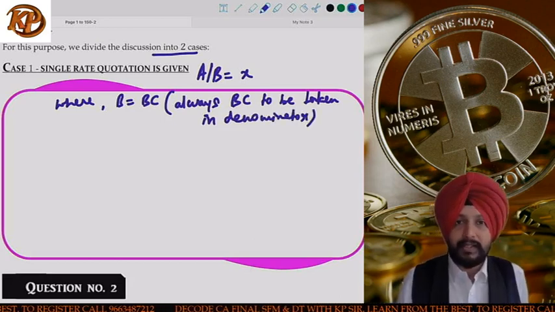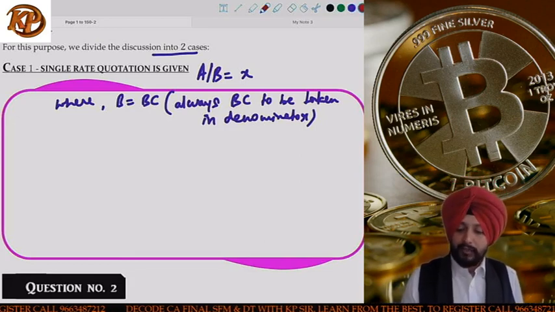Where B is base currency, and after that I have written a line which is very important, guys.